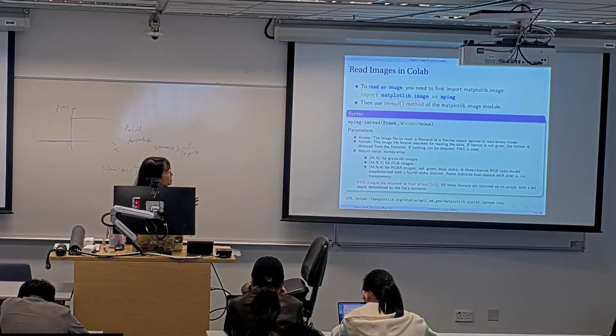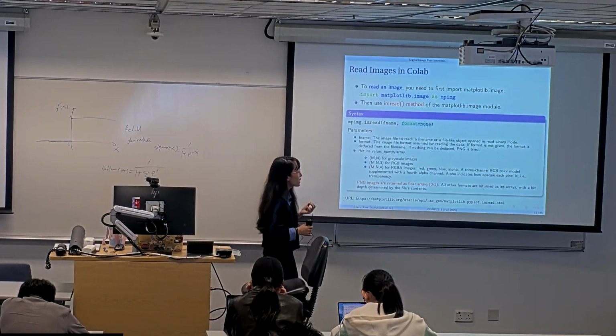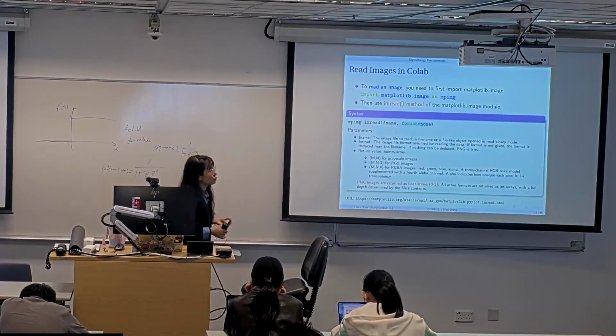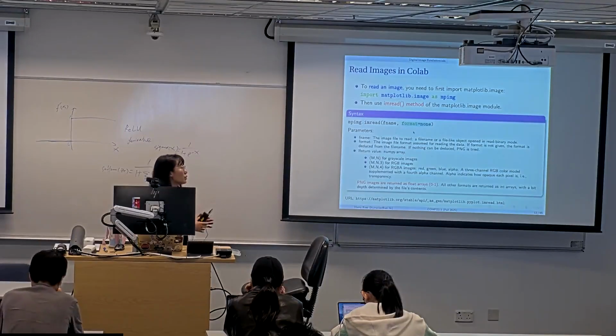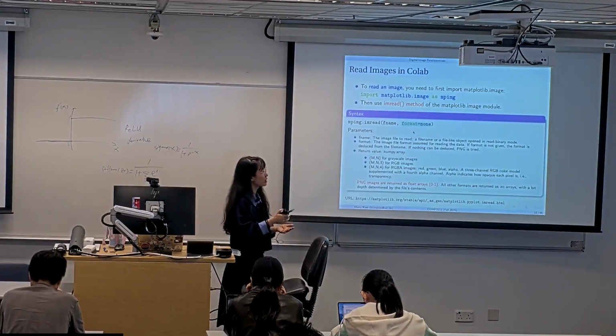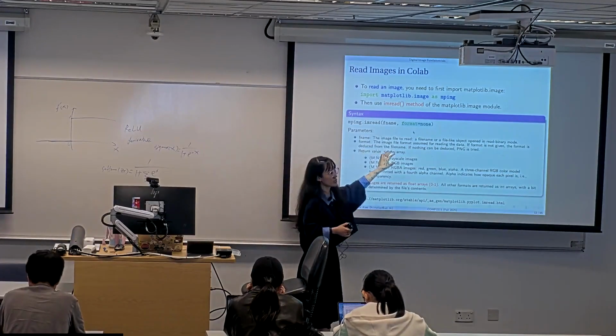And this format by default is None. So this format means the image file format assumed for reading the data. If the format is not given, then it will be deduced from the file name. For example, if you give an image.jpg, then it will deduce that the format is JPG.